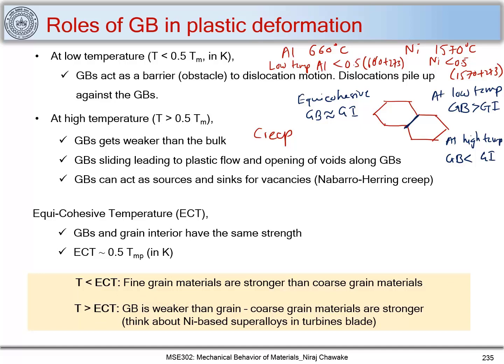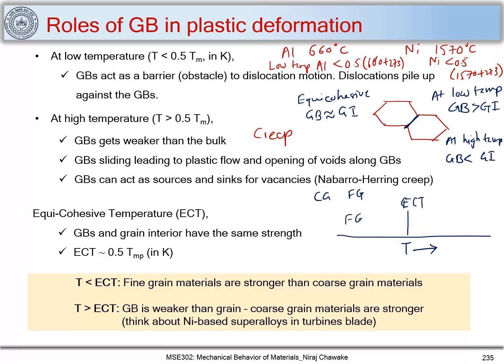Let me mark it over here. Let's say this is a temperature line increasing this way, and this is the equicohesive temperature. Let's say you have coarse grain material and fine grain material. We'll look at their strength with respect to the equicohesive temperature.